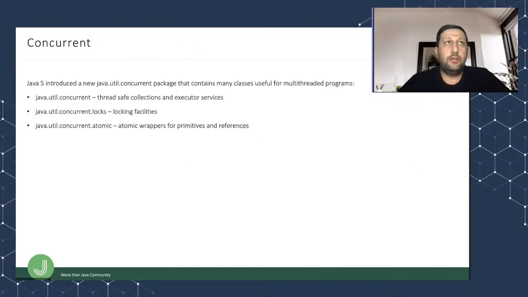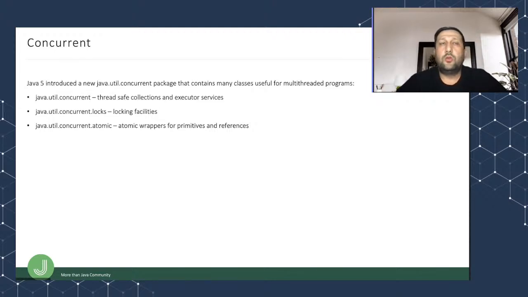In Java 8, to the JDK, they added the java.util.concurrent package, and in this package they added very useful and helpful concurrency classes and utilities for multi-threaded programs.